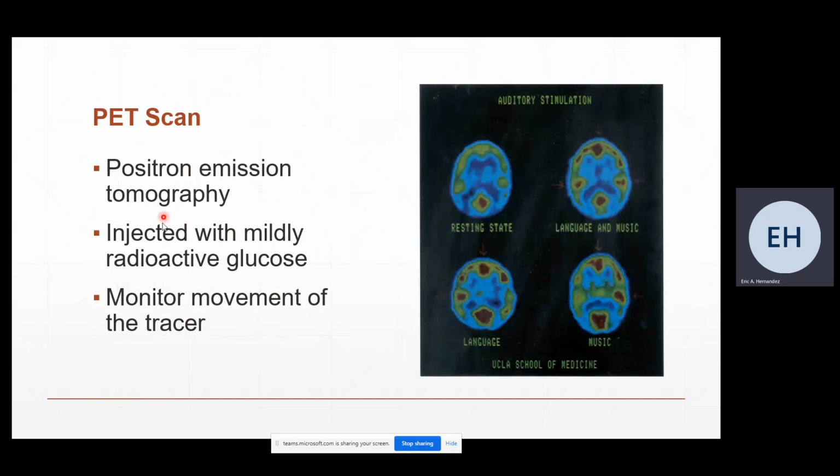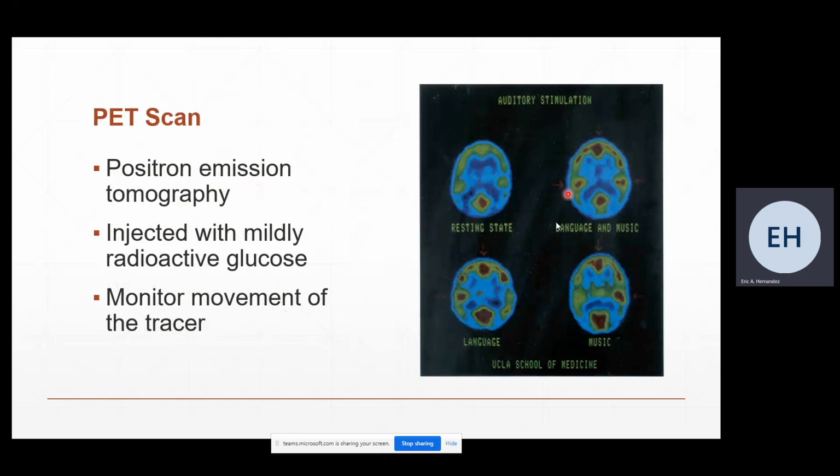So the mildly radioactive glucose, we can stick it into our body, and we can actually trace its movement, and we can see where it goes because of the reactivity. In resting state, we can see that the frontal lobe is active because, again, that's where our awareness is, our personality is. And we can see that the cerebellum and brainstem are active.